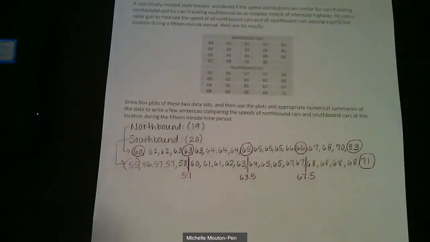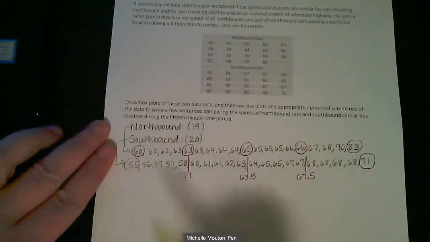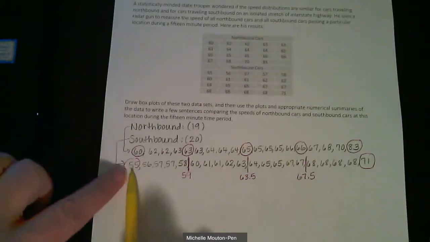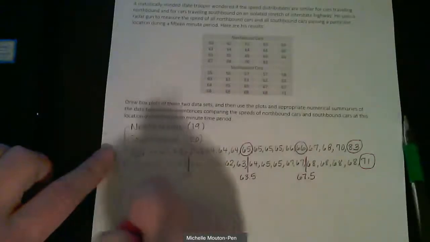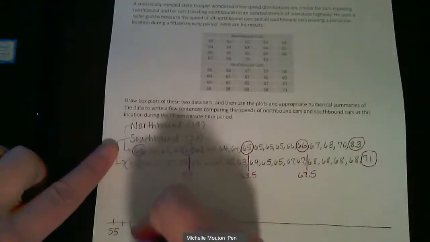Whenever I go to make that, I'm going to create them both using only one number line. Therefore, my smallest number on here is 55 and my highest number is 83. So that's where I'm going to go in here. If I label that 55, 56, 57, 58, 59, so 60.